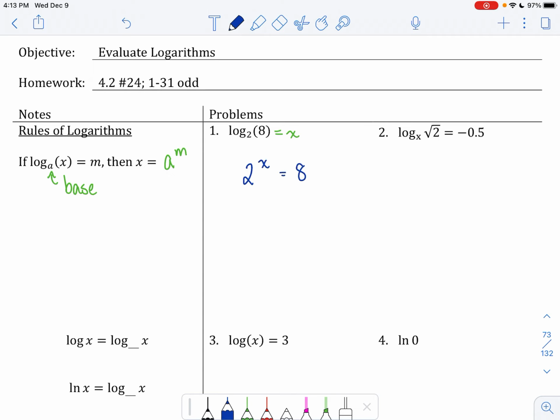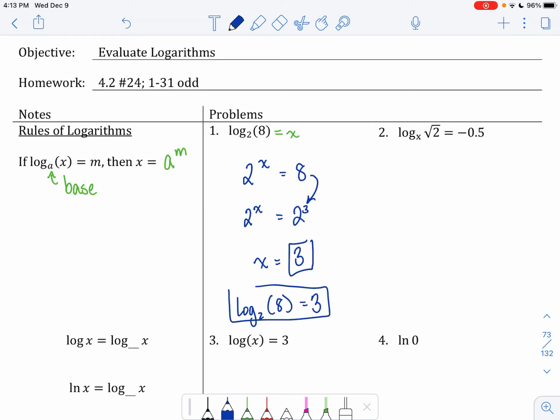And from there, you can often use logic to say, oh, well, if I'm writing it as 2 to the something, if that's 8, then that would be 3. So therefore, x is equal to 3, which is our entire log right here. So log base 2 of 8 is equal to 3, all the way written out.